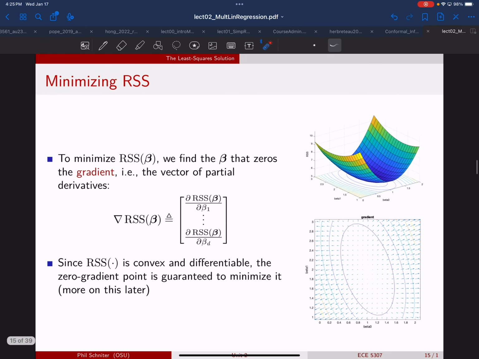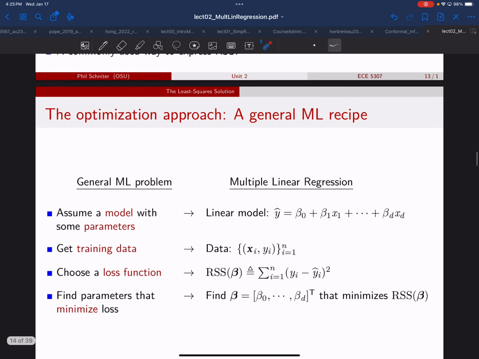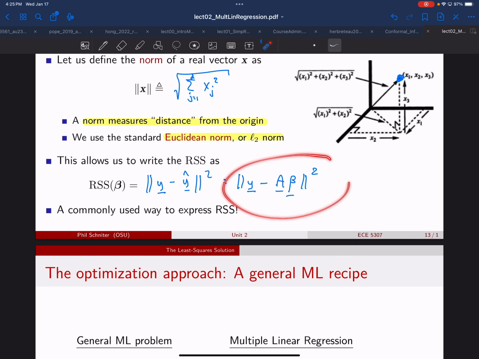Okay, so we're going to use the same approach as we did before. We have a quadratic problem, essentially. It has a particular form like this.